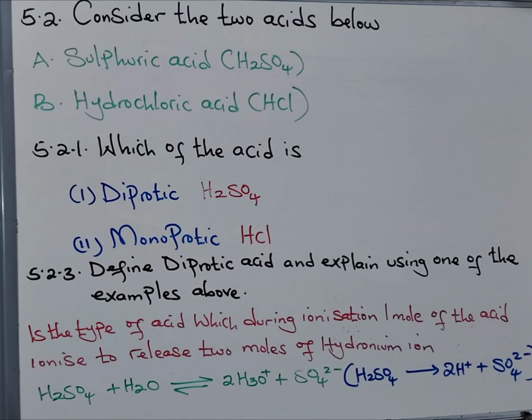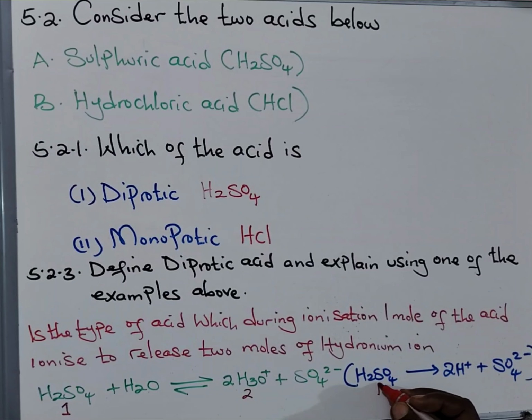So let us analyze this reaction. The number you have here is 1. Meanwhile, the number you have here is 2. So 1 mole of sulfuric acid ionizes to give you 2 moles of hydronium ion. The same applies this side.